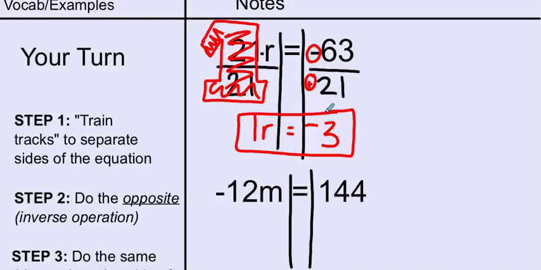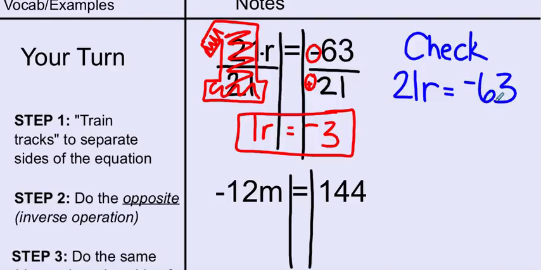I'm then going to come over here and complete my check just to make sure. When I complete my check, I go back to my original equation, which was 21r equals negative 63. I know that my r equals negative 3, so I'm going to take 21 times negative 3 equals negative 63.